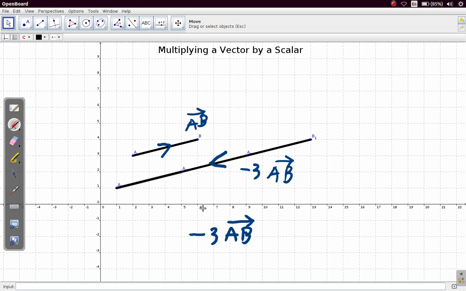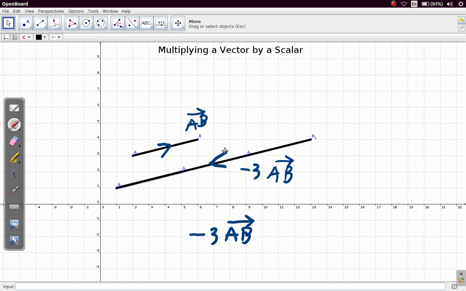So, that's what happened. You multiply a vector by a scalar. If you multiply the vector by 2, you get a vector in the same direction but twice the magnitude. Multiply by 3, you get a vector in the same direction but 3 times the magnitude. Multiply by negative 2, you get twice the magnitude and in the opposite direction.